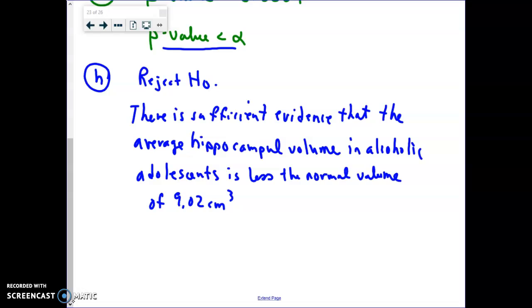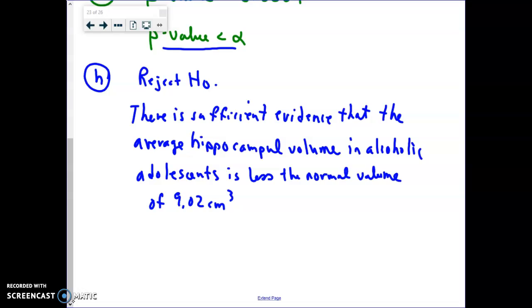We believe that this evidence is strong enough because the volume in these alcoholic adolescents, their hippocampal volume, did decrease from their alcohol use. And ladies and gentlemen, that shows that alcoholic adolescents, in other words, adolescents who drink a lot, probably suffer from long-term memory lapses more than the average healthy adolescent does.